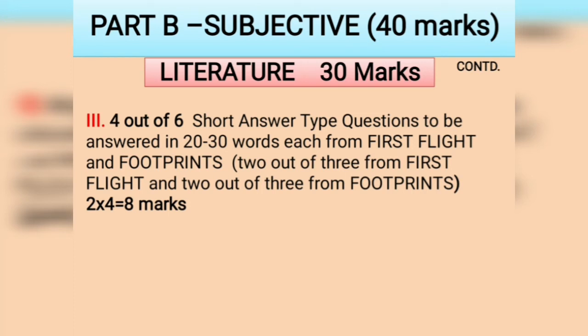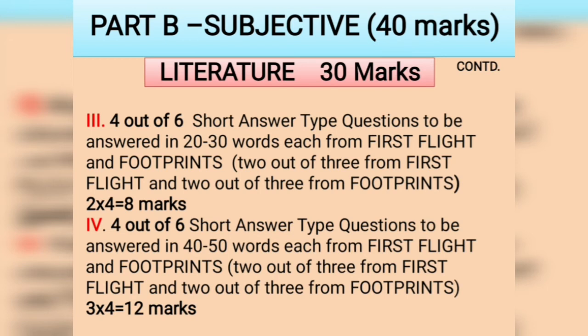Likewise, 3 for Footprints, out of which you will appear for 2. Out of totally 6 questions, you will appear for 4 questions, which will cover up to your 8 marks for these very short questions. Keep in mind that the word limit of these 2 mark questions is between 20 to 30 words.